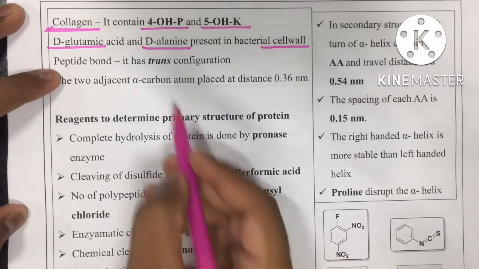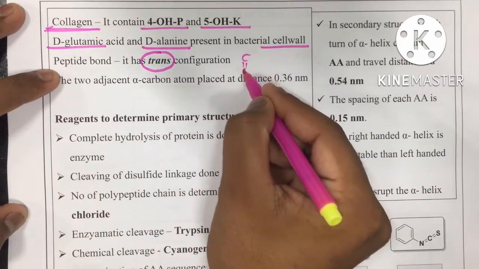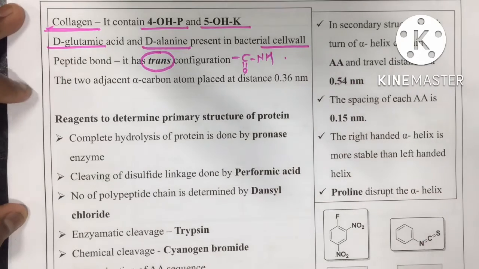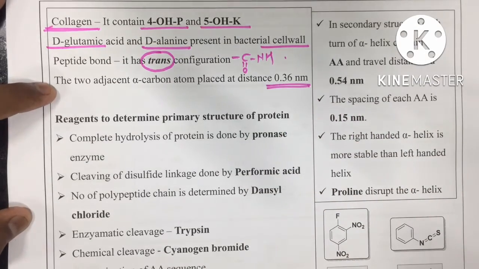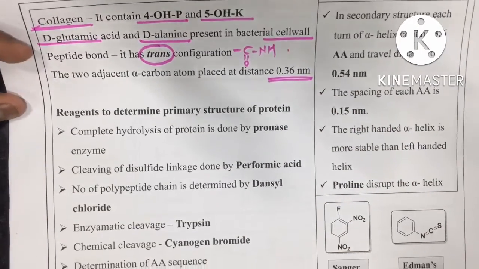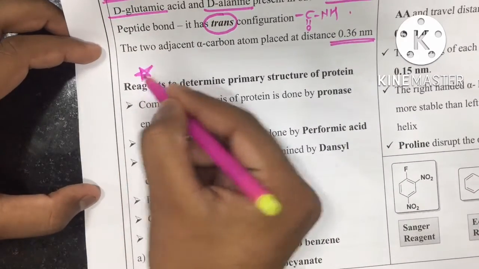The peptide bond is always in the trans configuration, right? And one more important thing: the two adjacent alpha carbon atoms are placed at a distance of 0.36 nanometer, which is regarding the structure of that specific protein, right? 0.36 nanometer. This point is very, very important.